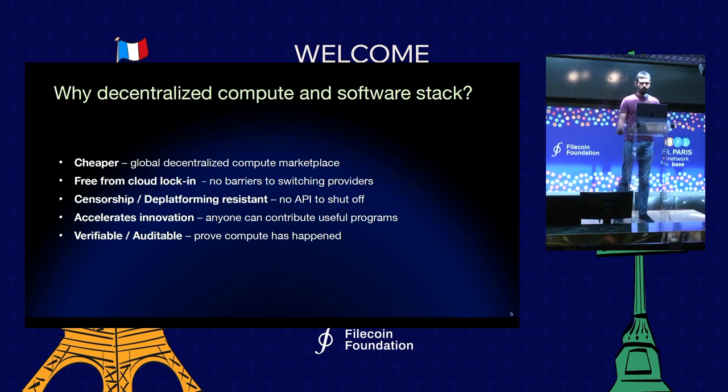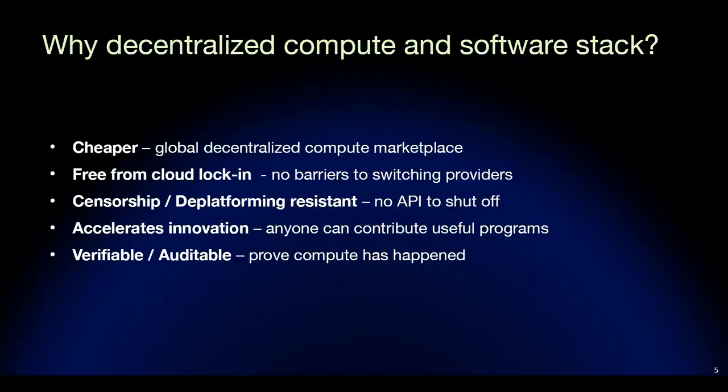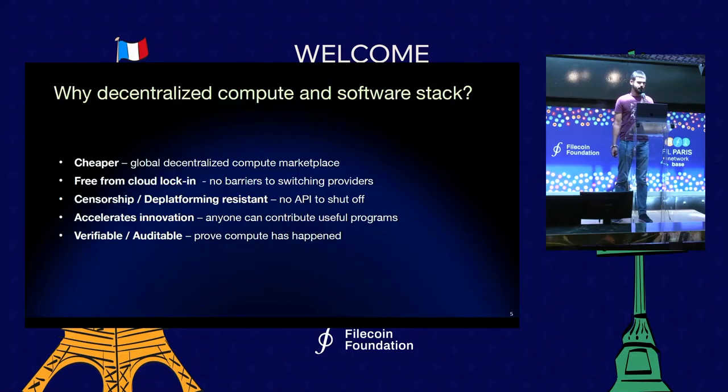So again, why decentralized compute? Why do this at all? And why make a new software stack for that? We expect it to be cheaper, and Filecoin is a good showcase of how the Web3 economy can make services cheaper. We want to free developers from the cloud lock-in to enable them to switch providers.